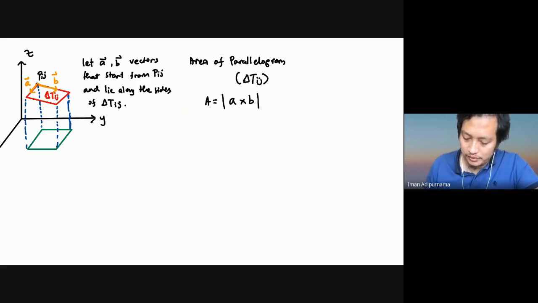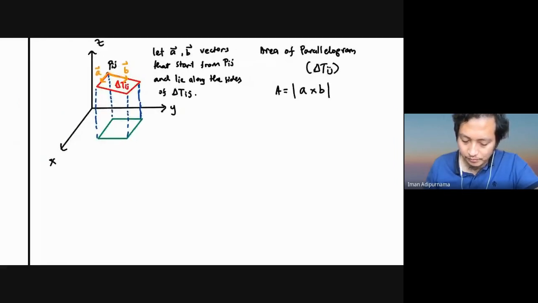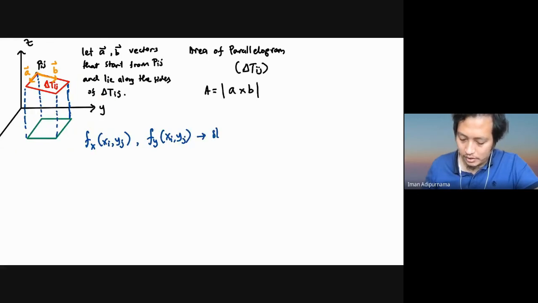And also, if you remember, the partial x and partial y are both slopes, right?